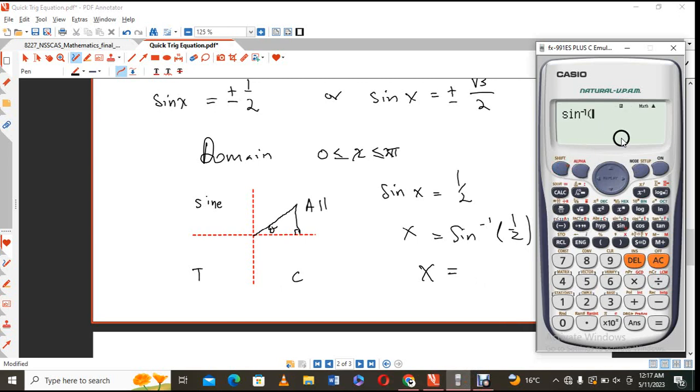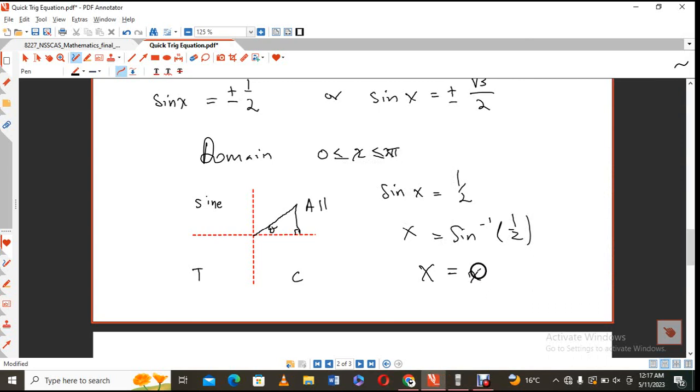Shift sine, and make sure your calculator is set to radian mode, because we are supposed to give the angles in radians, as our domain is given in radians. That's 1/2 over here, and that gives me my reference angle, pi upon 6, which will also be one of the solutions I'm going to consider. So I'm going to have pi over 6 radians.